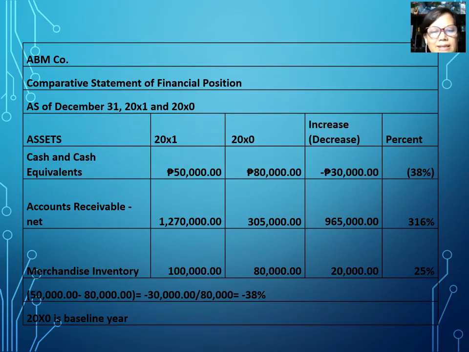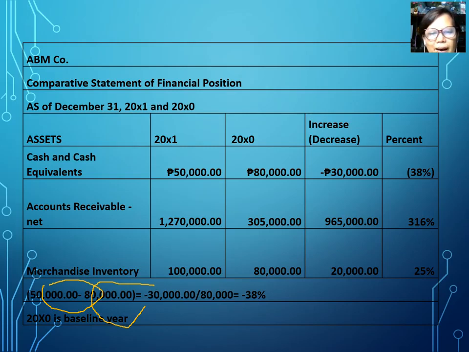So, for example, we have 50,000 and then you're going to deduct 80,000, which will give you a negative 30,000.